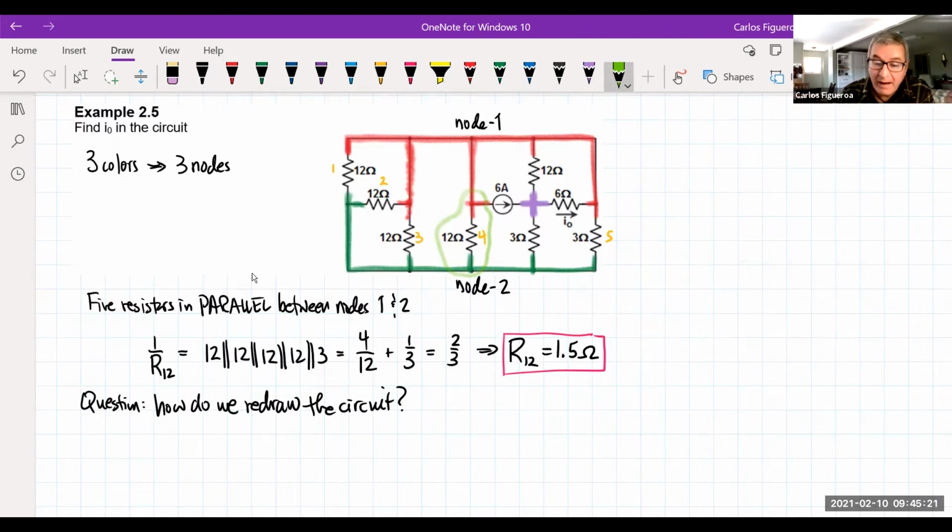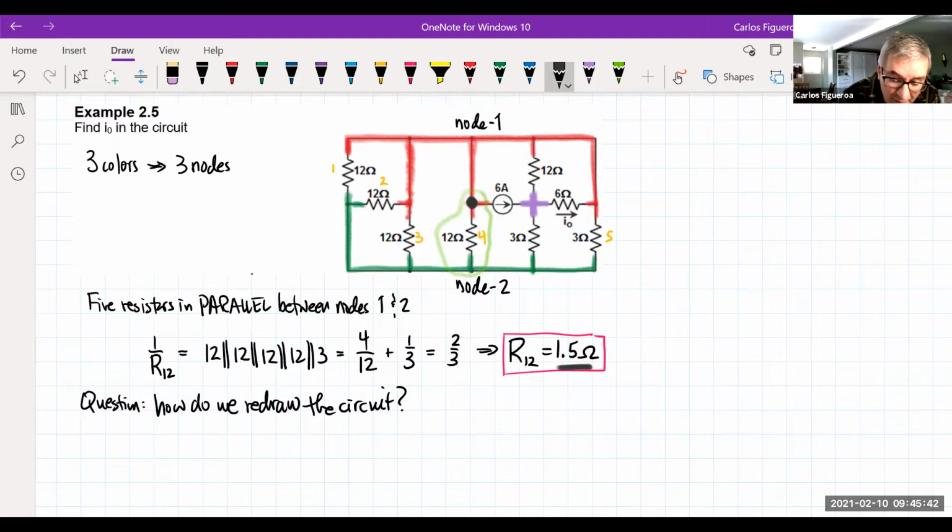When I do that, note that this end right here, all of those resistors, that is this resistor right here, I'm going to replace it with the 12 ohm resistor 4.